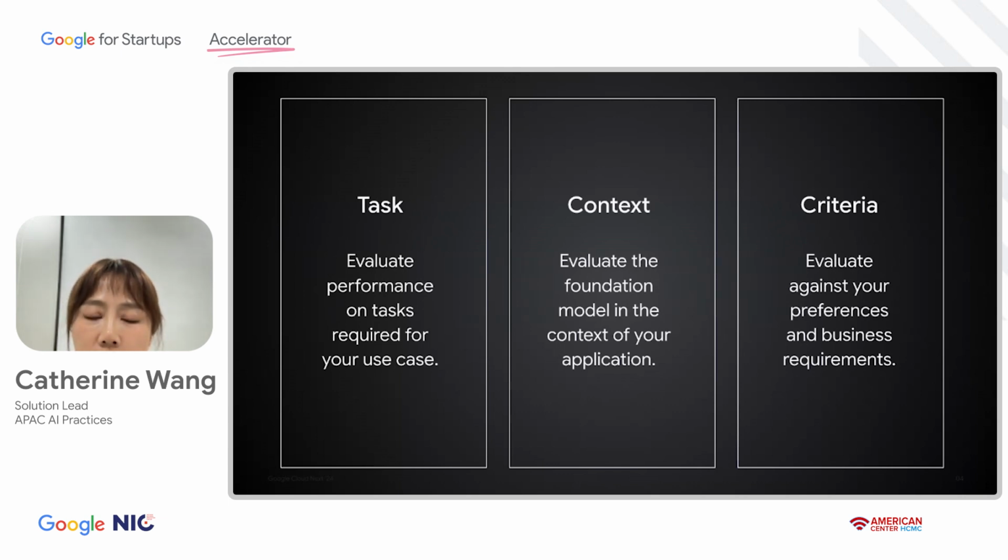Then the second part is the context. How are you measuring your model performance? Measuring model performance with academic criteria, say for example, the BLEU or ROUGE score, versus really evaluating your model output in the context of your application is completely different. The context of your application needs to be tied closely to your business outcome.